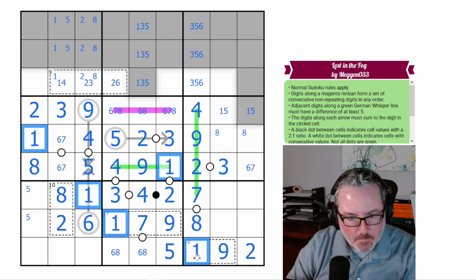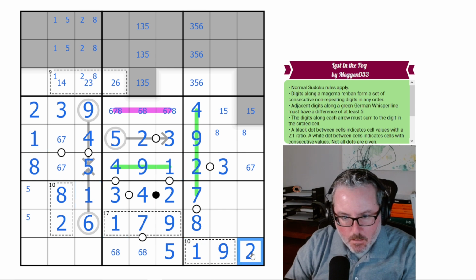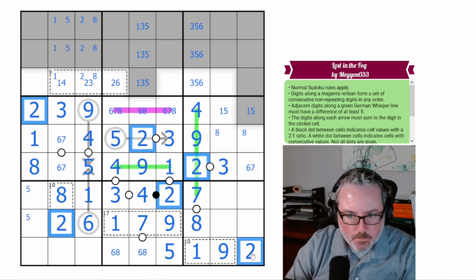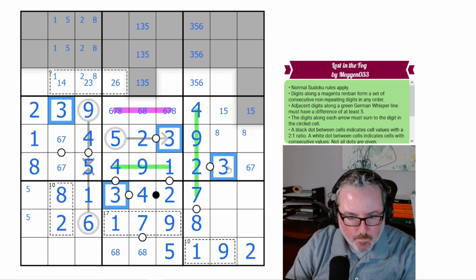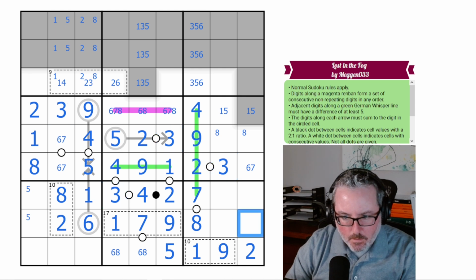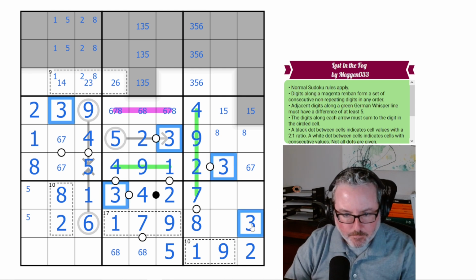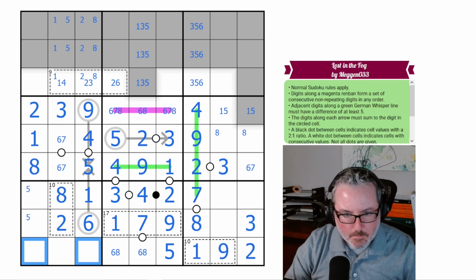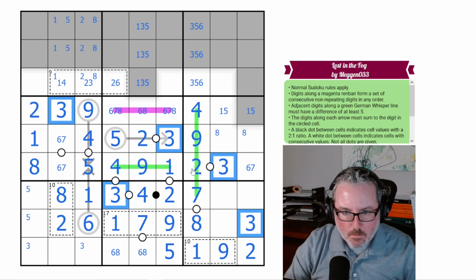Because it seemed to have helped me previously. 2s. Not really. 3s. Okay, here's a 3. One of these must be a 3. We already know one of those is a 3. We already know one of those is a 3.